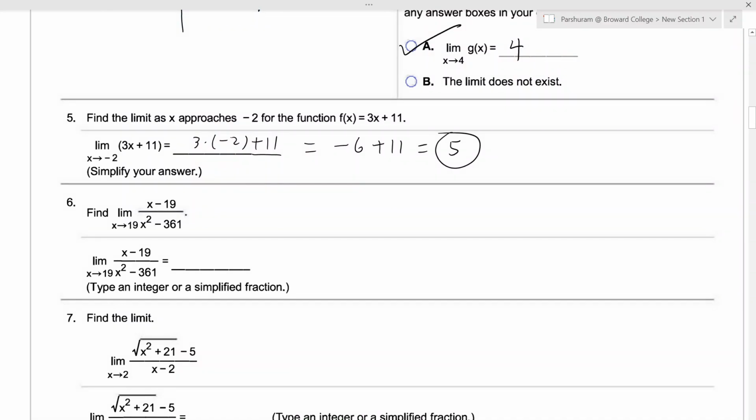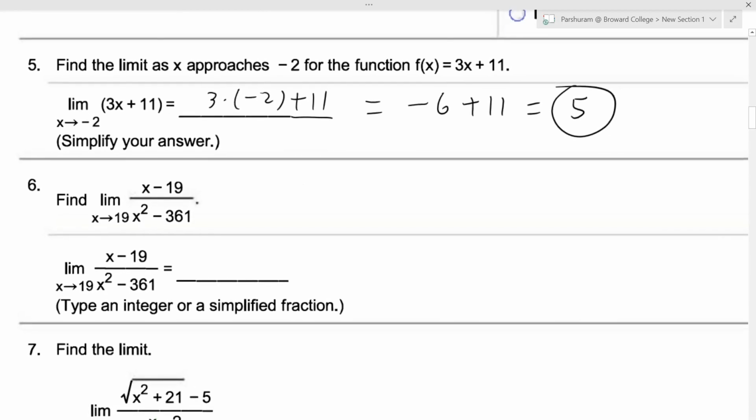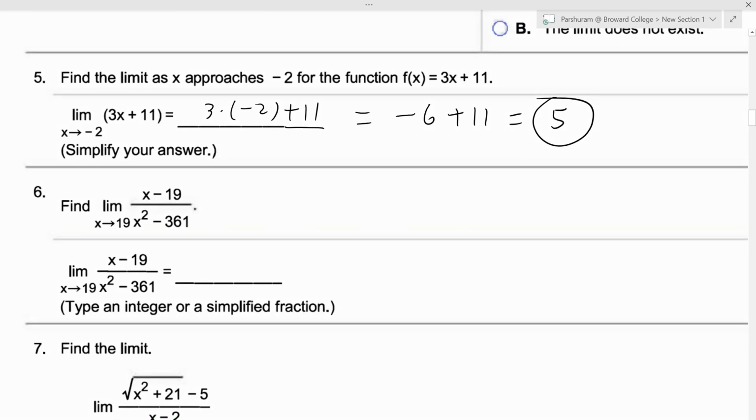For problem 6, find the limit. You can see that on the top part there is a polynomial, and on the bottom part there is a polynomial. But as you put x equal 19 in the bottom part, it will be an undefined value. So before you plug in x equal 19, you have to simplify this. To do that, find the factor on the top, which is x minus 19.